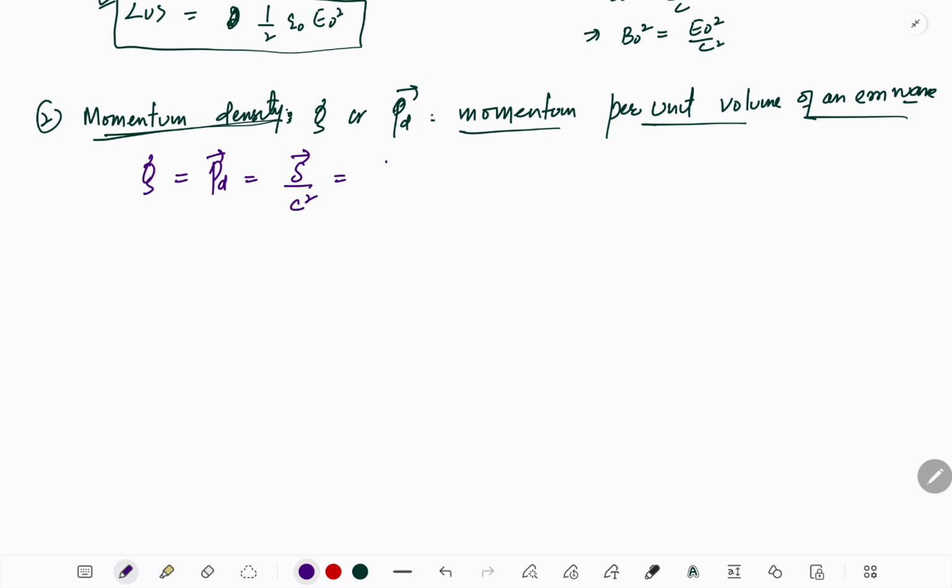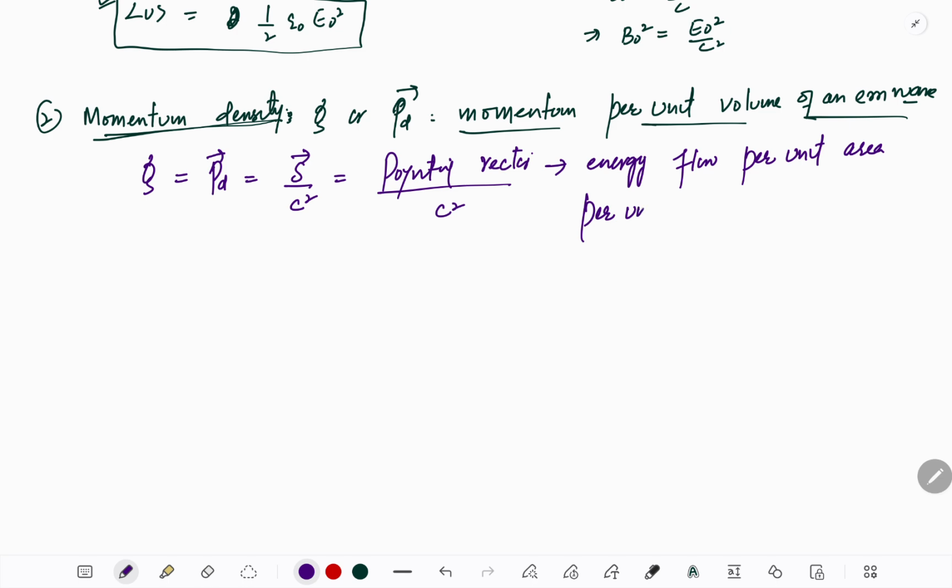And what is the Poynting vector? I hope you know it. If you do not know the Poynting vector, let me tell you. The Poynting vector is the energy flow per unit area, per unit time, through a surface.